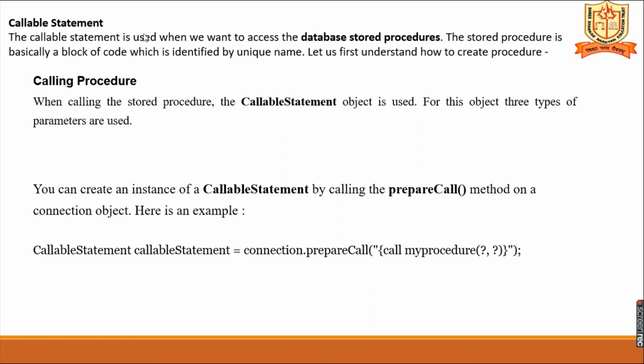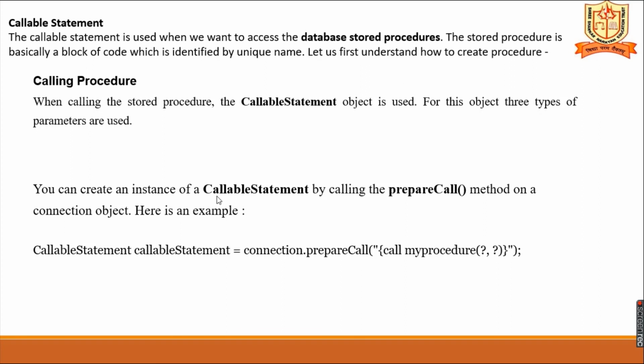Let us first understand how to call procedures. When calling the stored procedure, the CallableStatement object is used. For this object, three types of parameters are there: IN parameter, OUT parameter, and INOUT parameter. To get the data, we use the OUT parameter and the INOUT parameter.